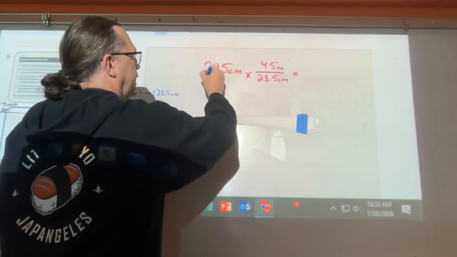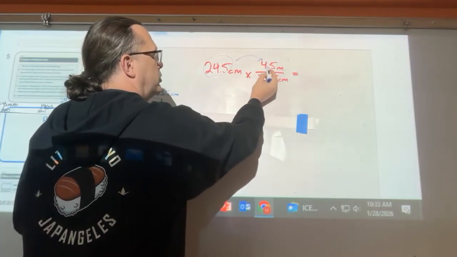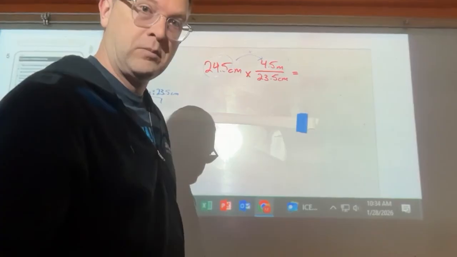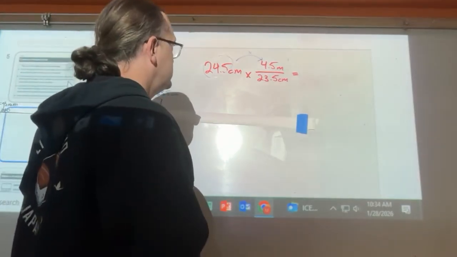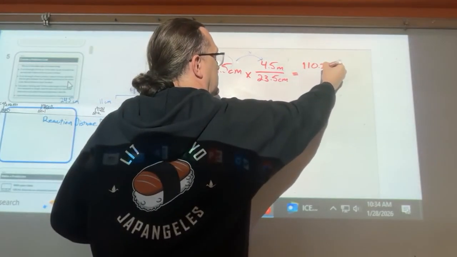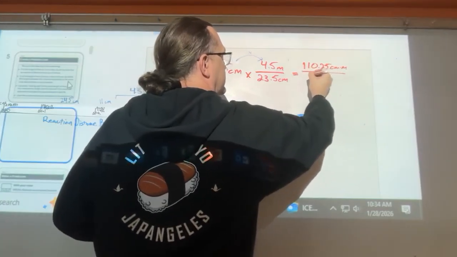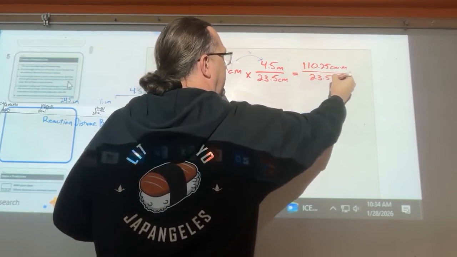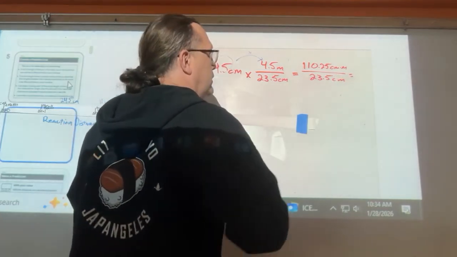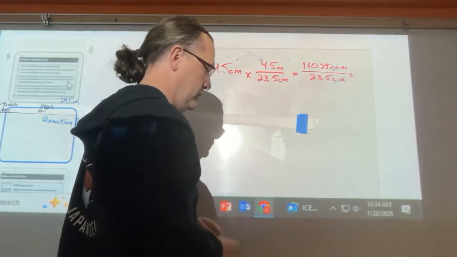First, we'll multiply 24.5 by the number in the numerator position. That equals 110.25 centimeters times meters. Now, let's divide that by 23.5 to get the value of meters when we cancel out our centimeters.